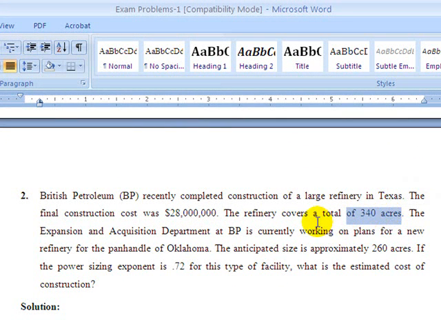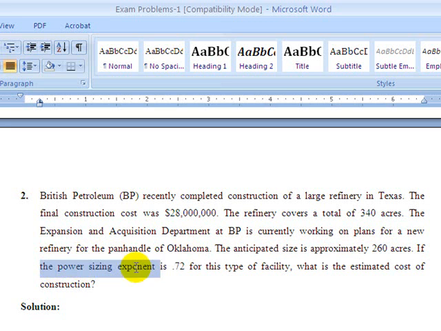The expansion and acquisition department at BP is currently working on plans for a new refinery in Oklahoma. The anticipated size is approximately 260 acres.